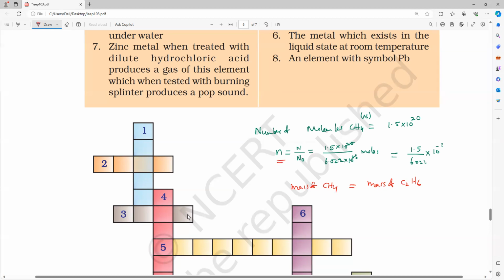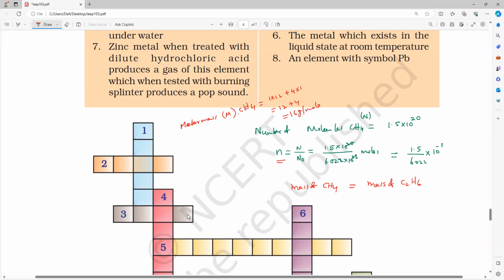So I know moles. How to find mass? What is the molar mass of methane, CH4? 1 into 12 plus 4 into 1 equals 16 grams.